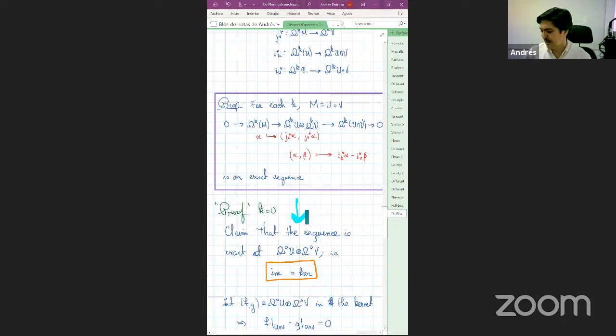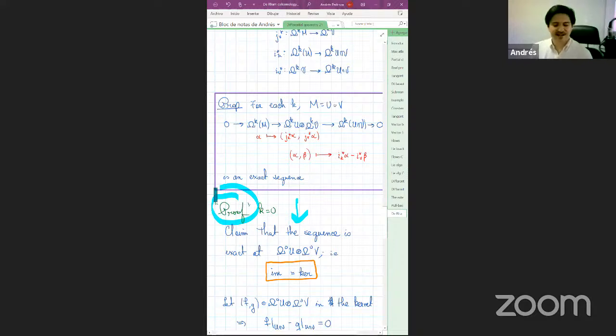Now, I want you to understand this proposition very well. This is an exact sequence in cohomology for every k. We only discussed briefly the proof in k equals 0. More or less the same obstacle that you face in k equals 0 works for any other k.